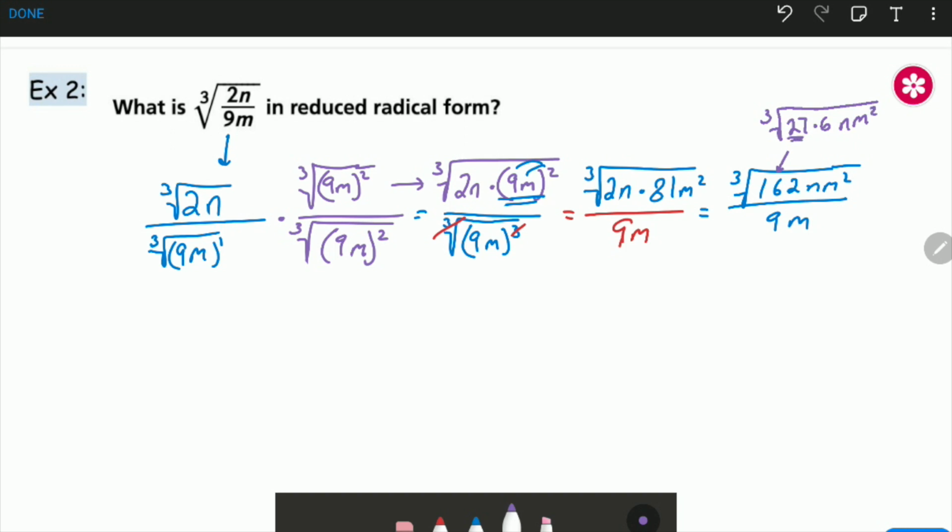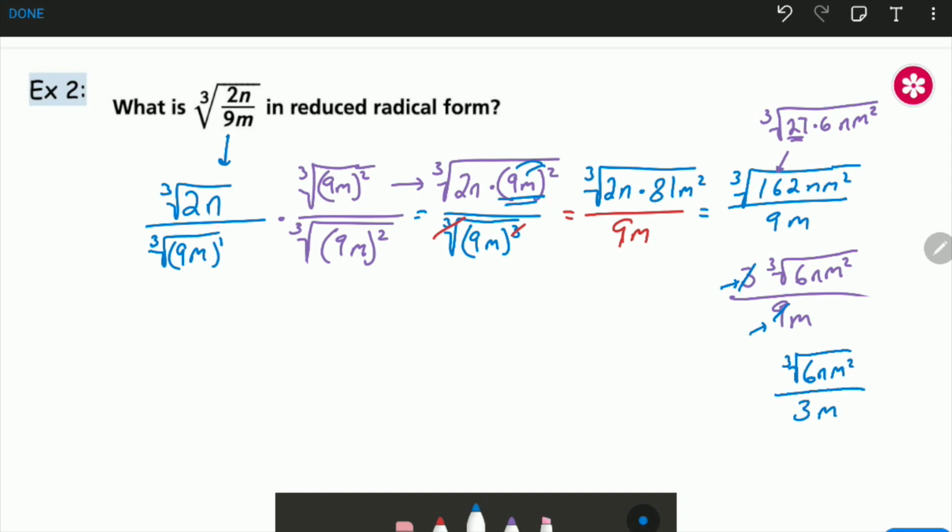So the cube root of 27 is 3, so 3 cube roots of 6nm squared over 9m. And then we can simplify this further. 3 goes into both 9 and 3, reducing it to 1 cube root, or just the cube root, of 6nm squared over 3m. And that would be the final simplified version.